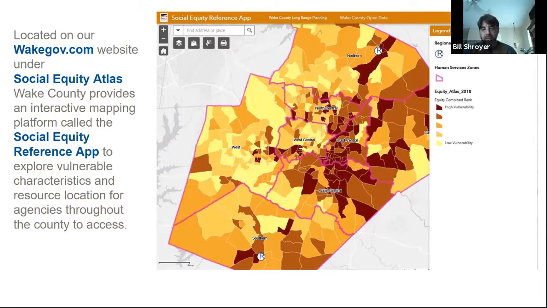We provided that through a social equity reference app. You can add other data on there, but it gives us a quick look at where some of our vulnerable communities are, and then we can add additional layers on top to get an idea of why they're vulnerable.